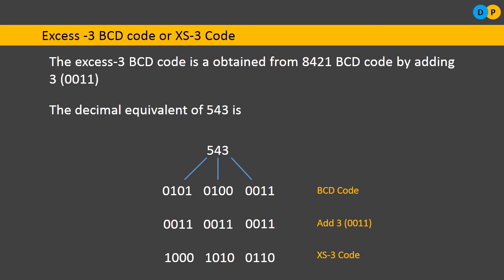So the BCD of 543 is 0101 0100 0011, but when the same 543 is represented in XS3, its value completely changes. This is what XS3 means.